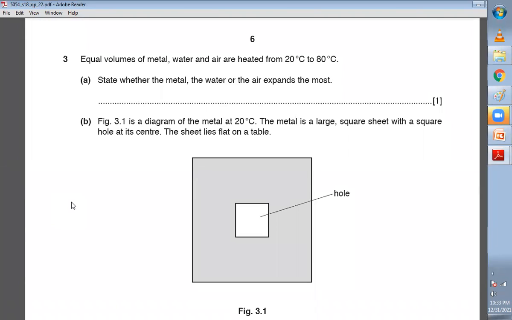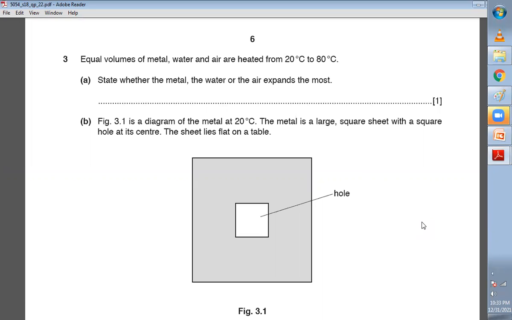Okay, the next question is coming up on your screen. It says equal volumes of metal, water, and air are heated from 20 degrees centigrade to 80 degrees centigrade. State whether the metal, the water, or the air expands the most.